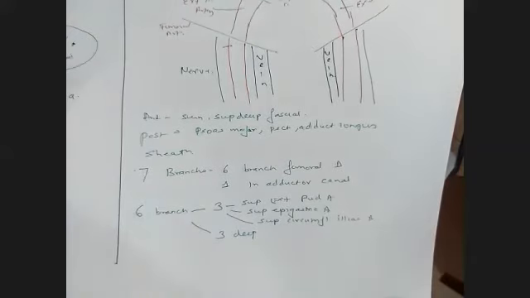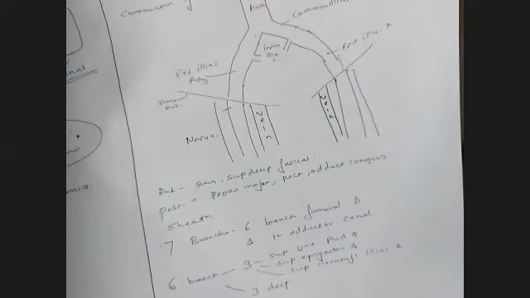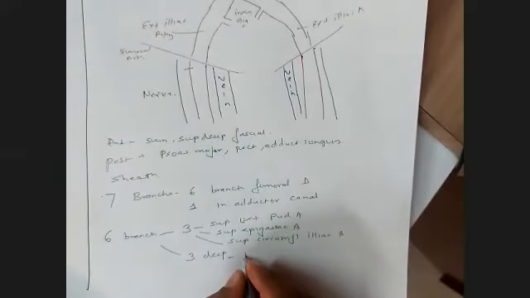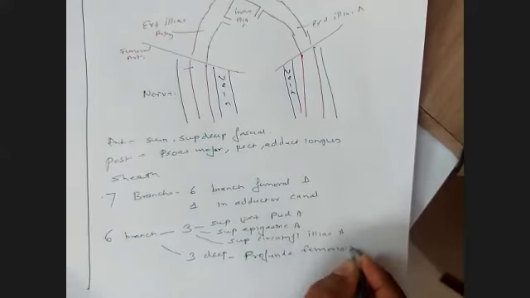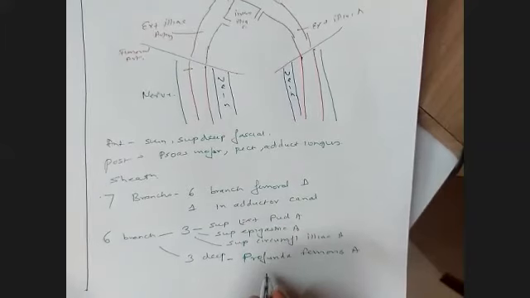Okay. Now coming to the deep branches. The deep branches are 3. Profunda femoris artery. Profunda means deep. Profunda femoris artery.